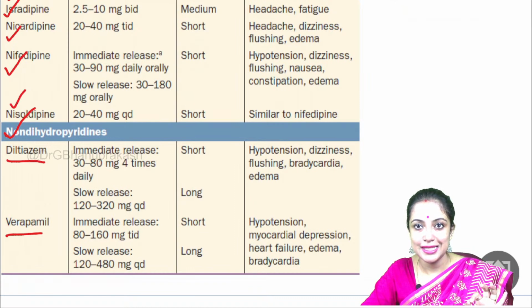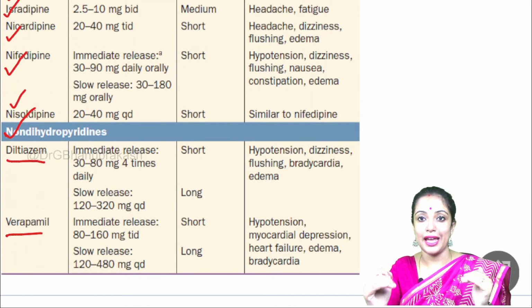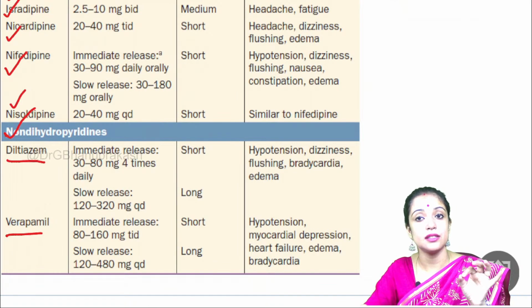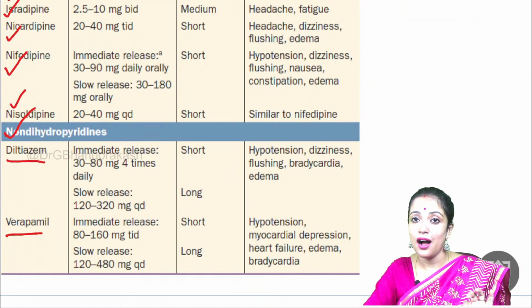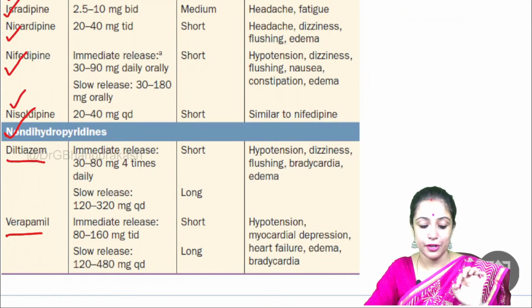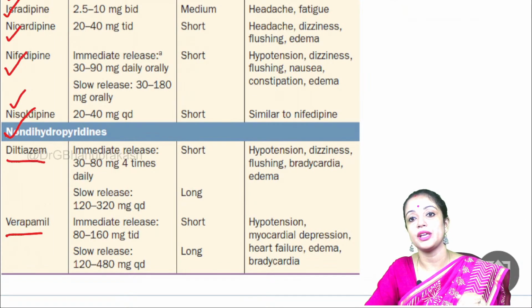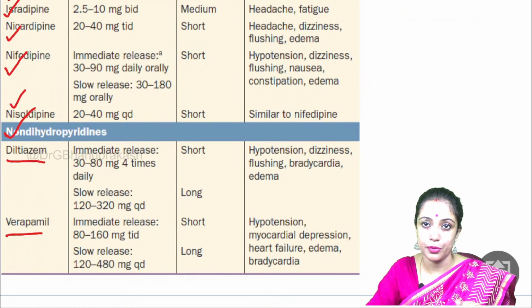Just to mention that diltiazem and verapamil have direct myocardial suppression. That is why they are not combined with beta blockers. So again, diltiazem and verapamil, the non-dihydropyridine calcium channel blockers, should not be combined with beta blockers because of direct myocardial suppression.